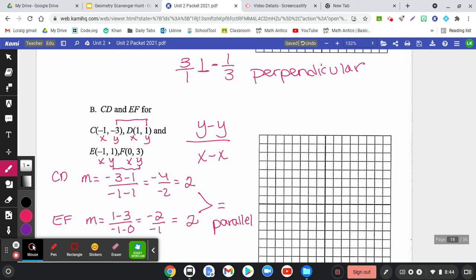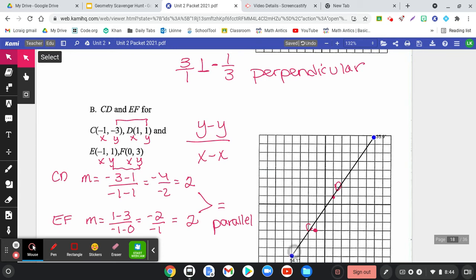So I'll do that really quick. Negative 1, negative 3 is right here. Always label your points. And if you want, you could extend the line out so it's longer, if it's easier to see that way. It would help if I made my line go through my points. That happens. Okay, close enough.